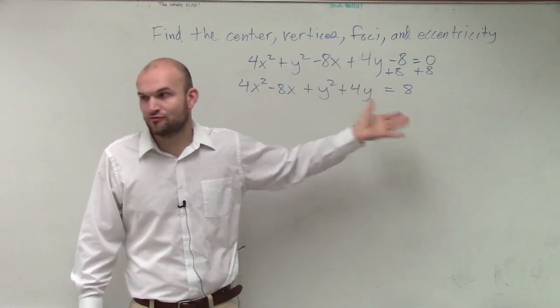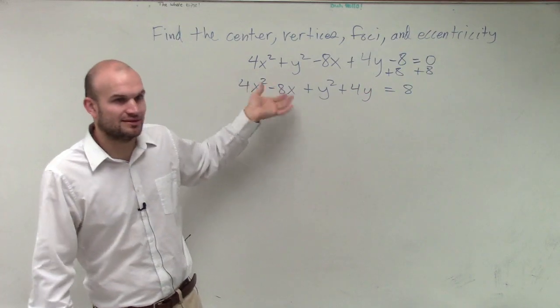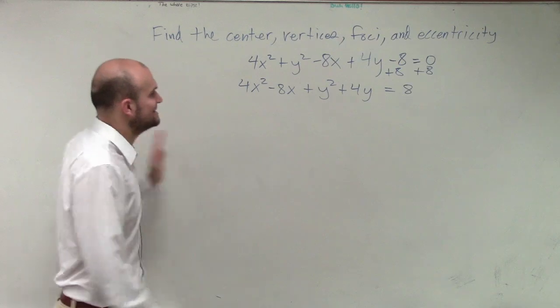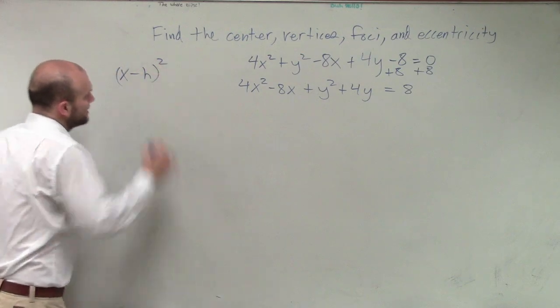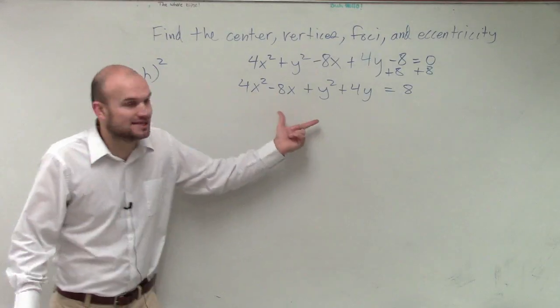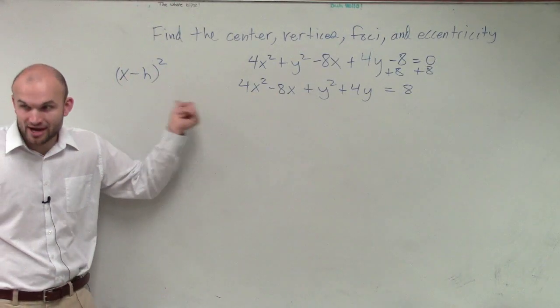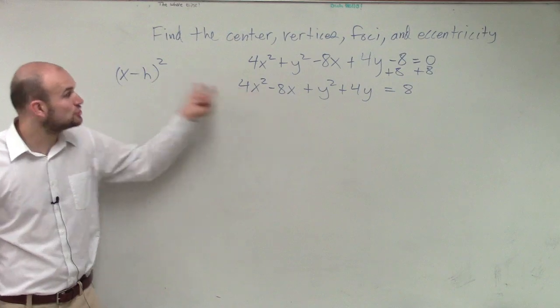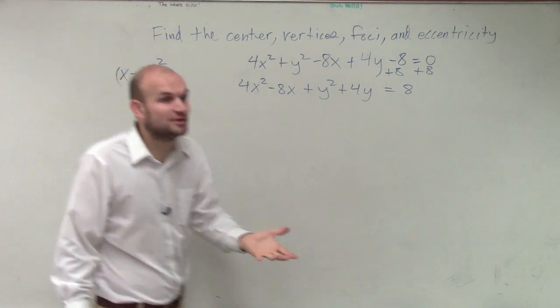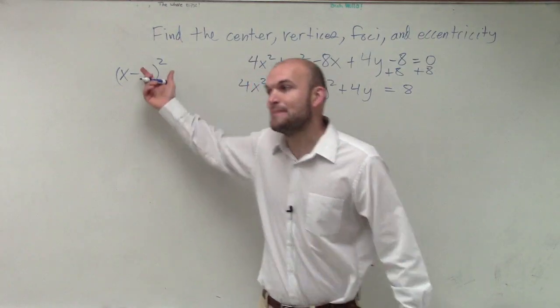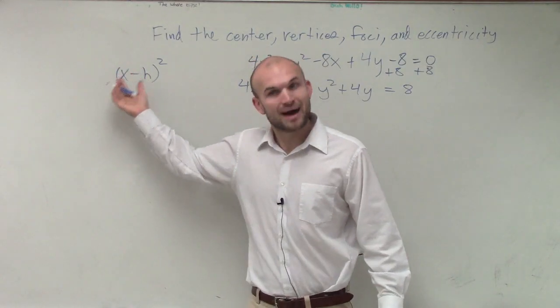However, that wasn't the formula, right? It was supposed to be x minus a number. So I need to get this (x minus h) squared. I need these x's to look like this, right? This to look like that, correct? The only way we can do that, remember, this is a binomial squared.